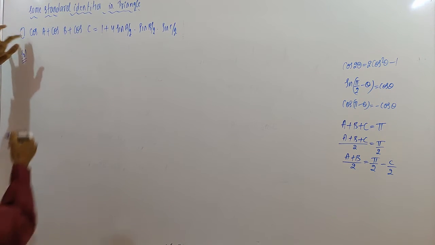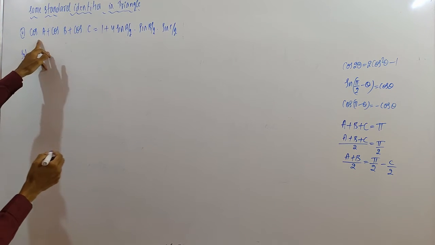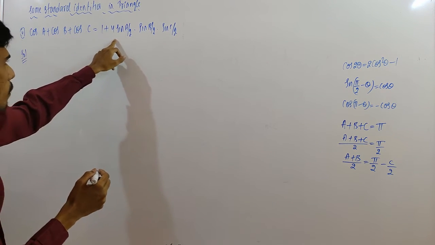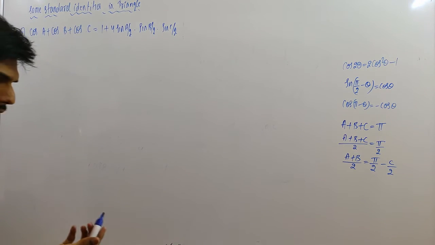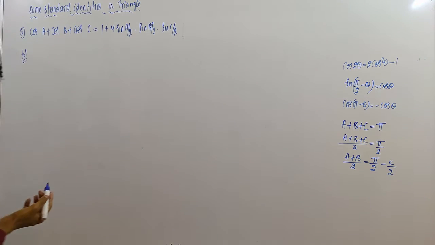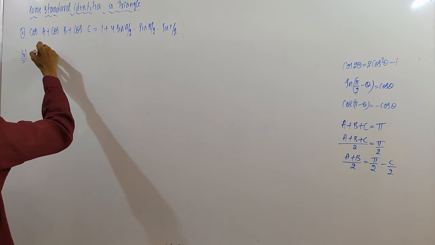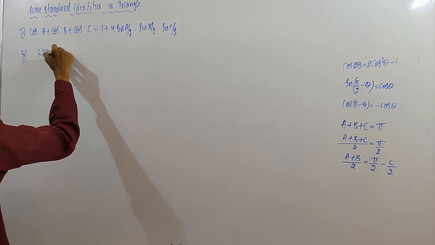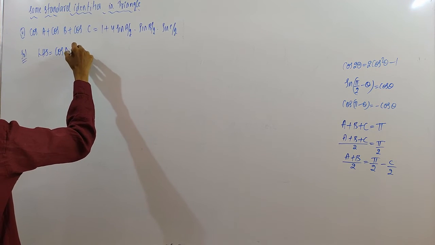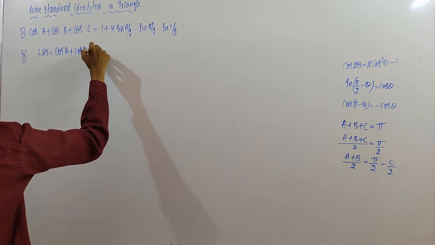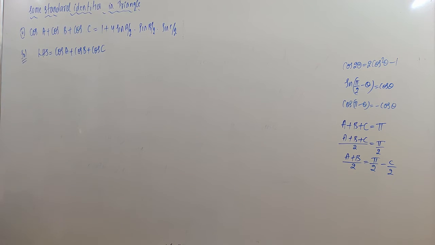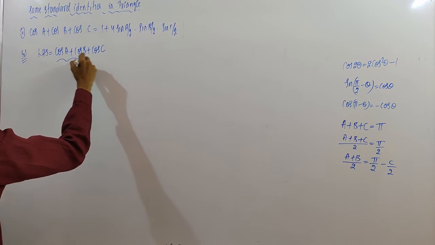Now the fourth identity is cos A + cos B + cos C = 1 + 4 sin(A/2) sin(B/2) sin(C/2). Now take the LHS: cos A + cos B + cos C. Now apply the cos C + cos D formula here.